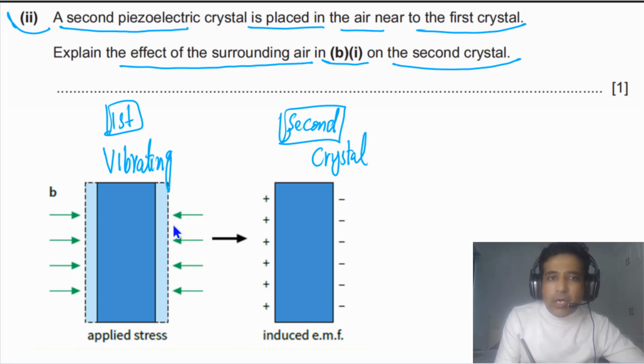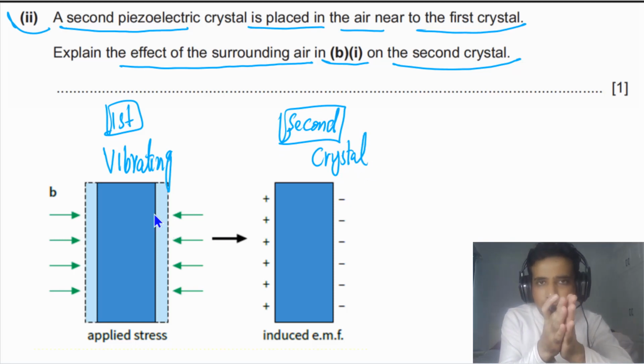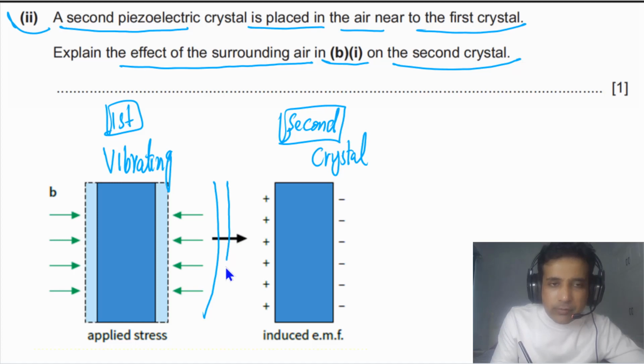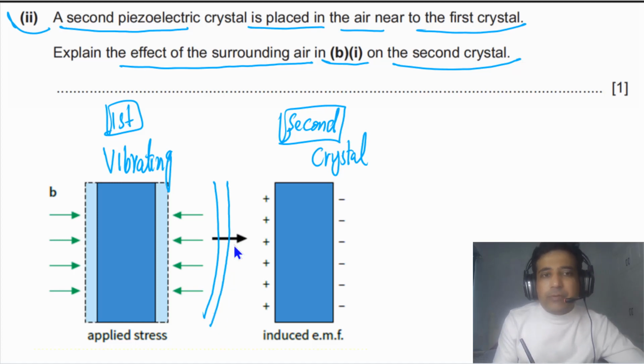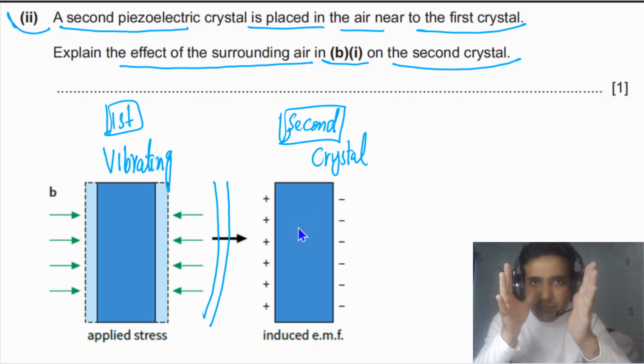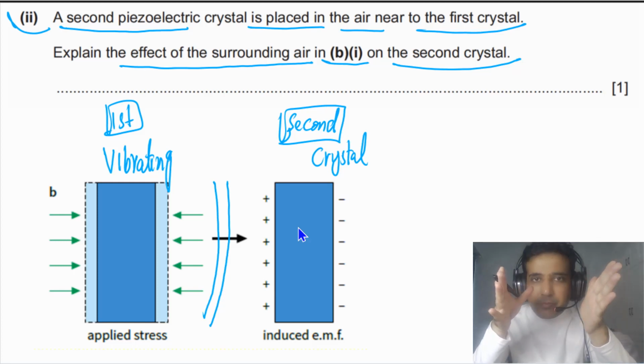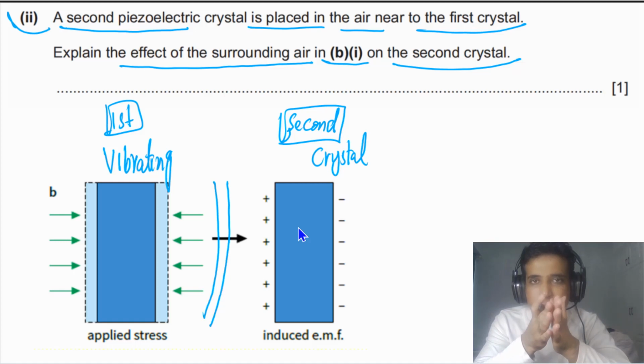Now in this case, the first crystal is vibrating due to the applied voltage. As the first crystal is vibrating due to applied voltage, there will be sound waves. So this is producing sound waves. Then when these sound waves hit this piezoelectric crystal, it will be compressed, and it will expand, because when compression is coming, this will be compressed, and when rarefaction is coming, this will expand.